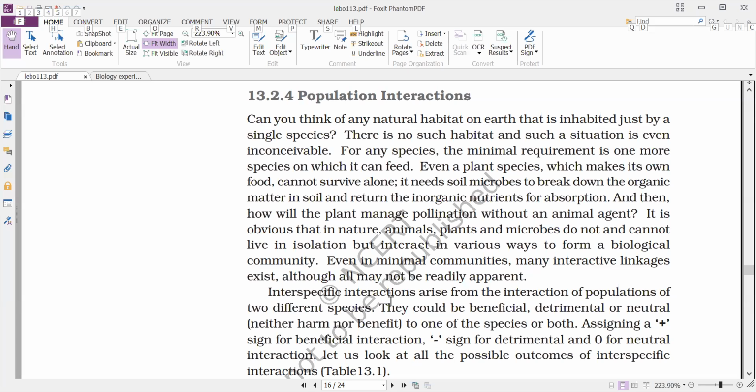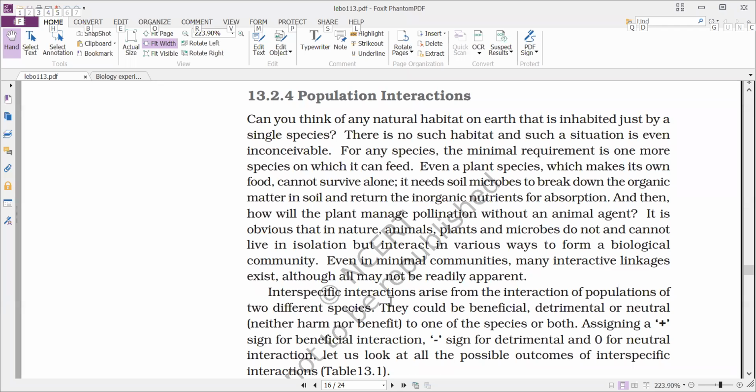So the plants need microorganisms for decomposition, so that organic matter is converted into inorganic nutrients, which are made available again to the plants.